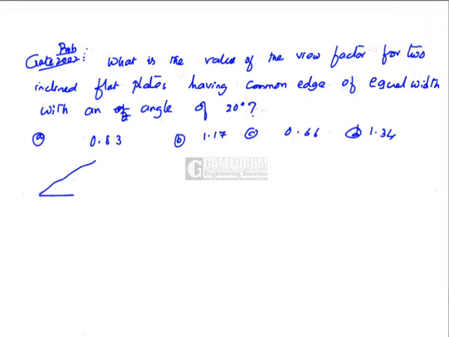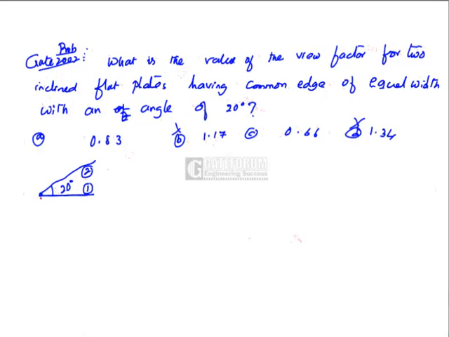It is like this. The two plates have a common edge of equal width, this is 20 degrees. If this is 1, this is 2. Shape factor cannot be greater than 1, so 1.17 and 1.34 are ruled out. So the choice is between 0.83 and 0.66.